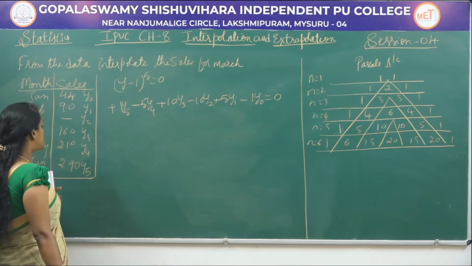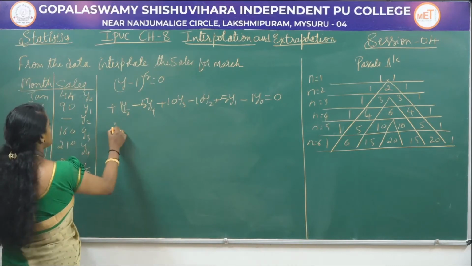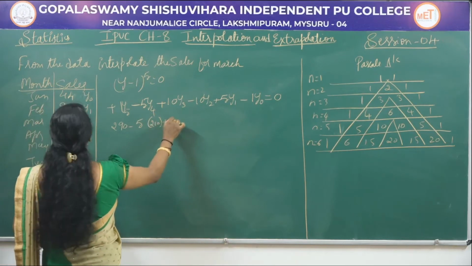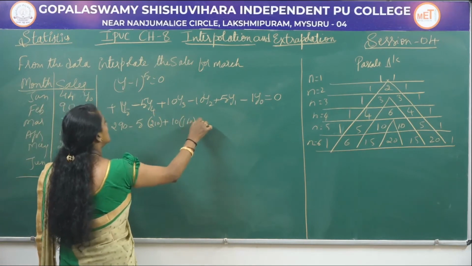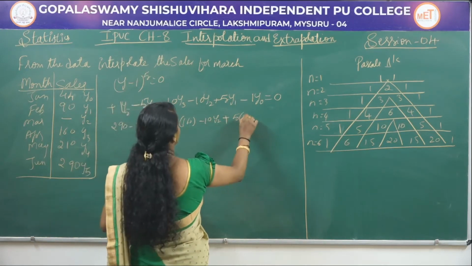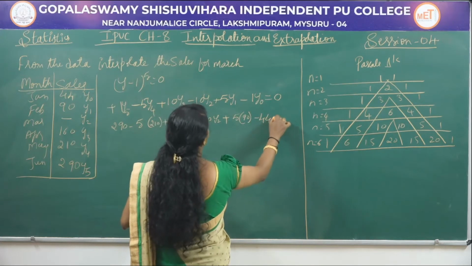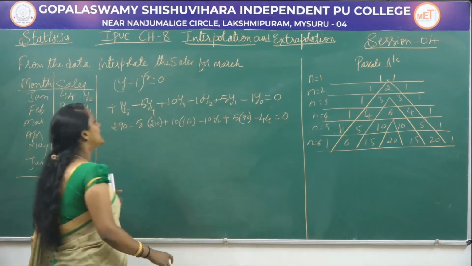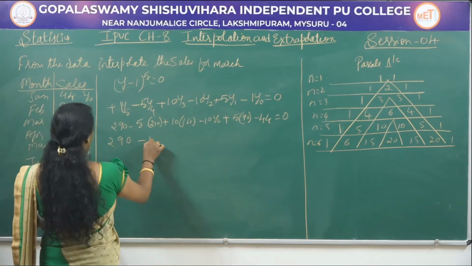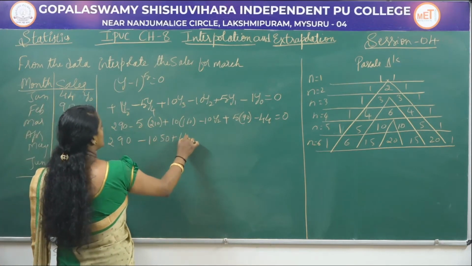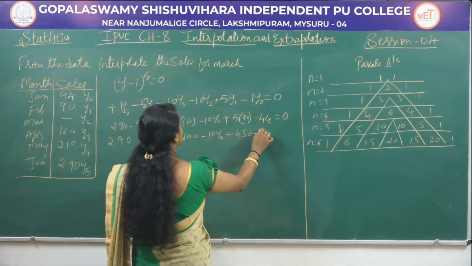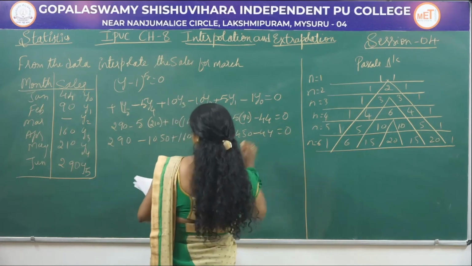Next substitute the y values. y5 is 290, minus 5 y4 is 210, plus 10 y3 is 160, minus 10 y2, plus 5 y1, 5 into 90, minus 44 is equal to 0. Next step you have to do the simplification. 290 minus 1050 plus 1600 minus 10 y2 plus 450 minus 44 is equal to 0.